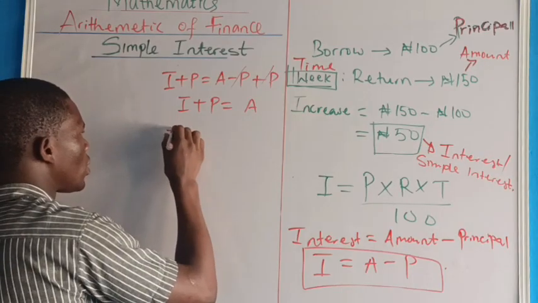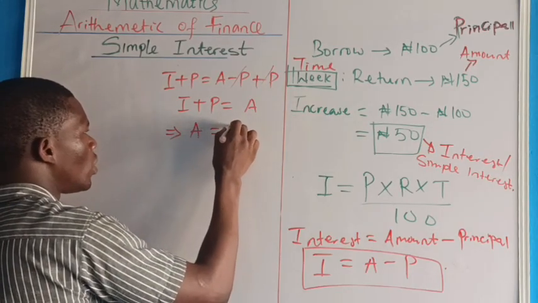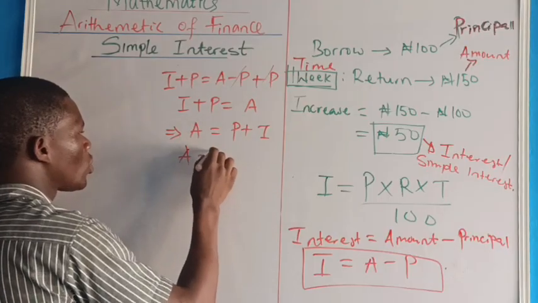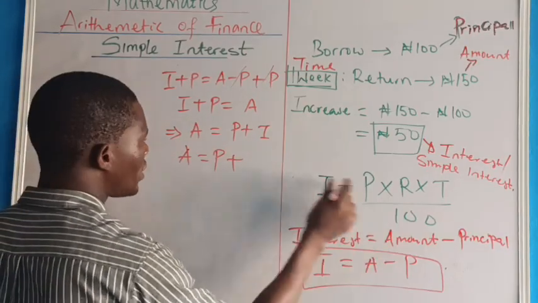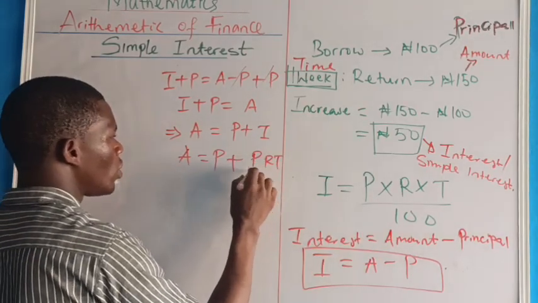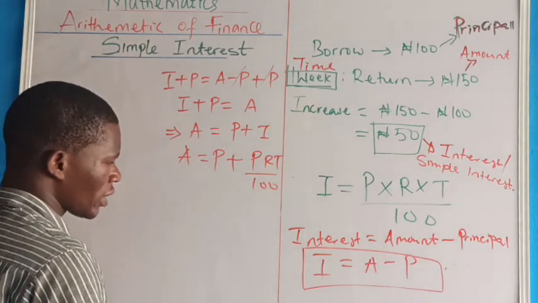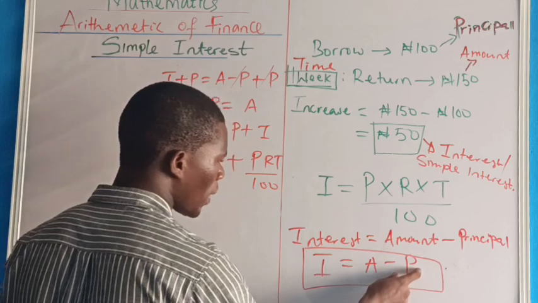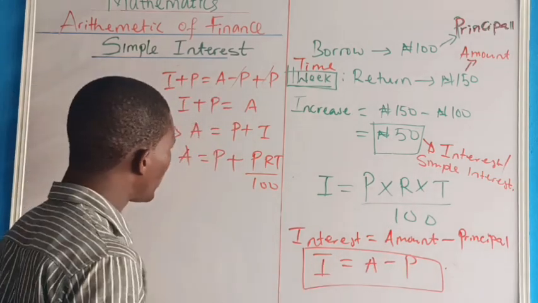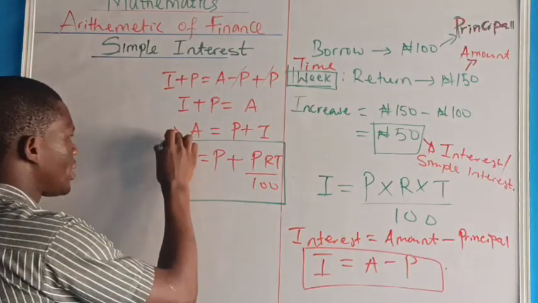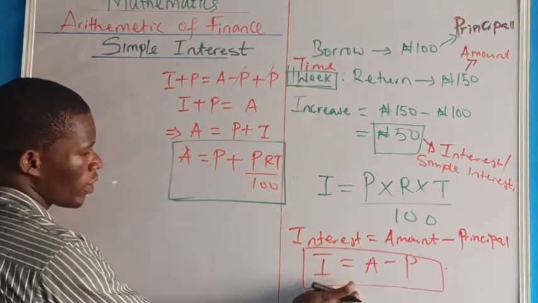This implies that amount equals principal plus interest. So amount is equal to the principal plus, now interest is PRT over 100. If you want to calculate your interest, it is the same thing as amount minus principal. But this formula here I'll take as the standard one.